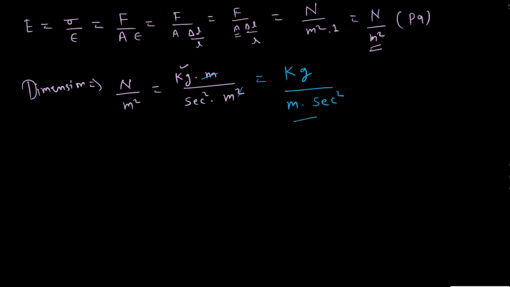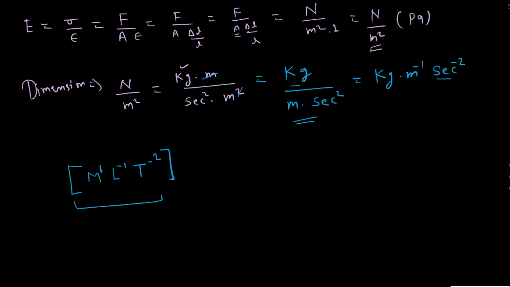So the dimension of modulus of elasticity is M1 L minus 1 T minus 2, because the power of kg is 1, meter is minus 1, and second is minus 2.